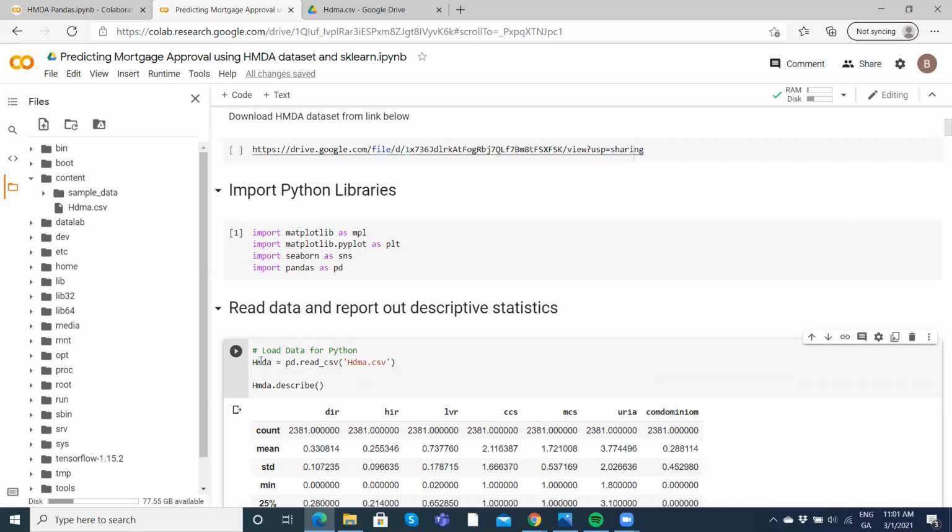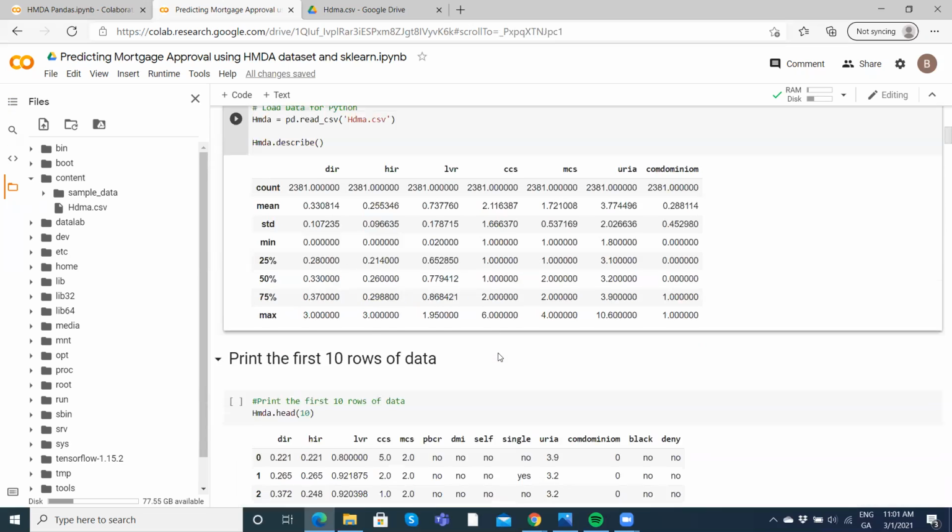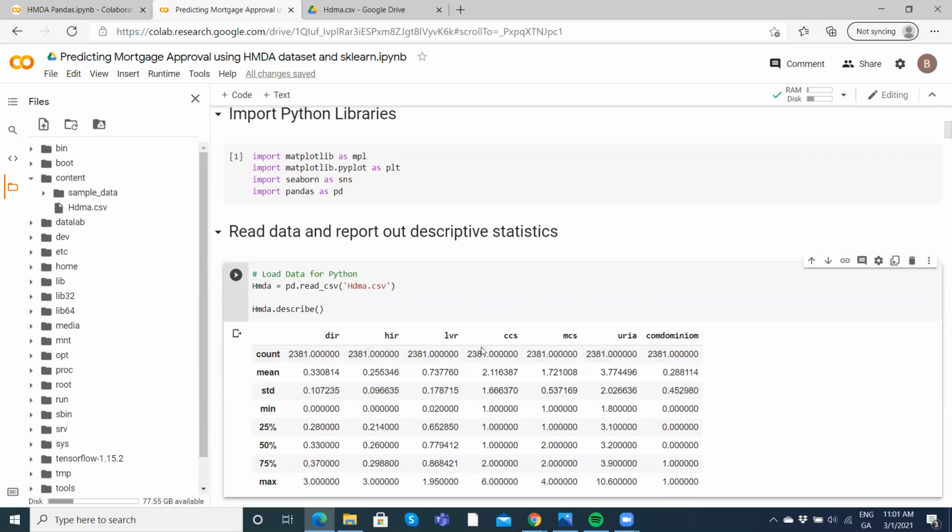Okay, so HMDA, and then we just do some basic descriptive statistics, and it's giving us just 7 descriptive statistics. So we might want to see more than just that, but basically it's taken the numerical variables and given us the mean, the standard deviation, the minimum, the maximum. Okay, so that gives us some sense of what's there.